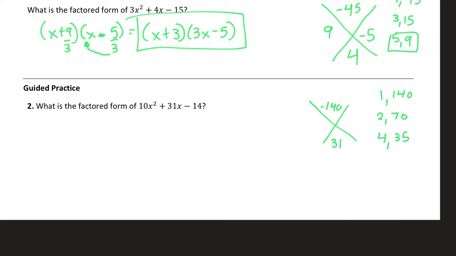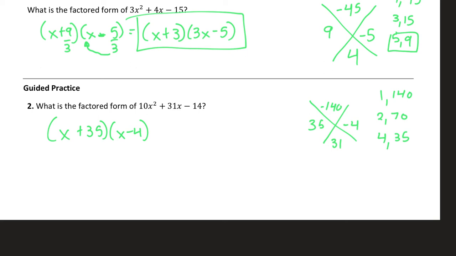And if you think about it critically, we can stop right here because 4 and 35 actually works. I can use positive 35 and negative 4 because 35 minus 4 is 31. 35 times negative 4 is negative 140. So my factors are plus 35 and minus 4.